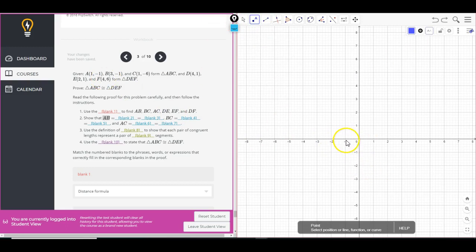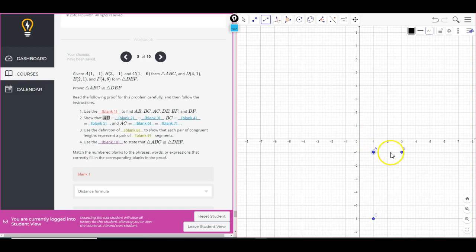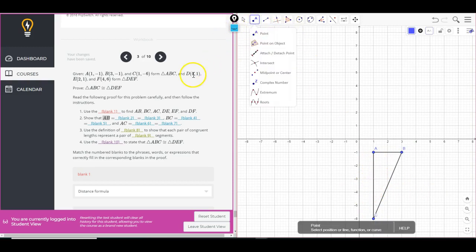A is at (1, -1), B is at (3, -1), and C is located at (1, -6). And that is a triangle, so select your segments and open them up. So there's one triangle.